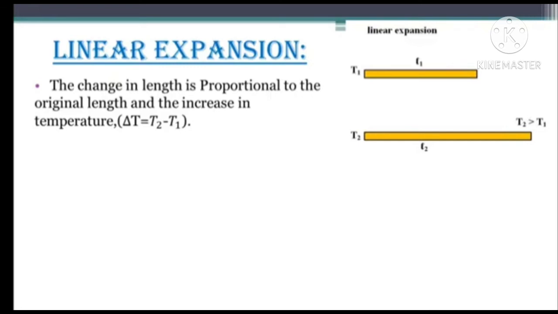Okay, L1 to L2 on heating. So the change in length is proportional to the original length and the increase in temperature, that is delta T. And delta T is nothing but T2 minus T1. This is the temperature difference.